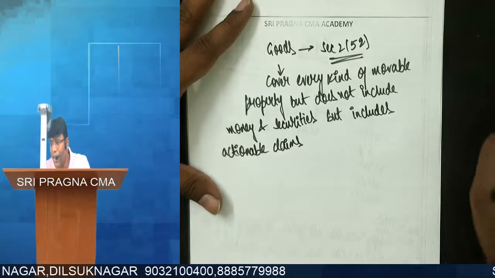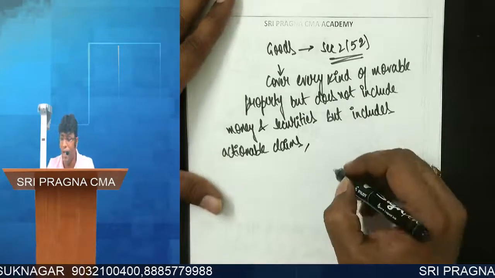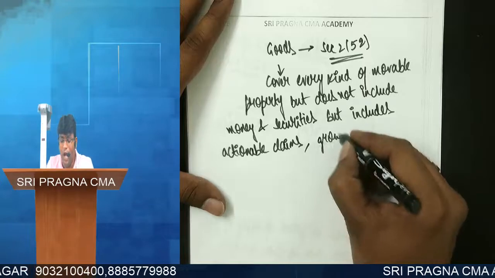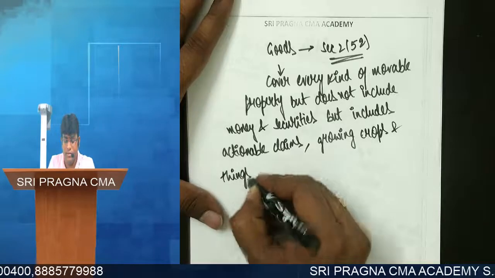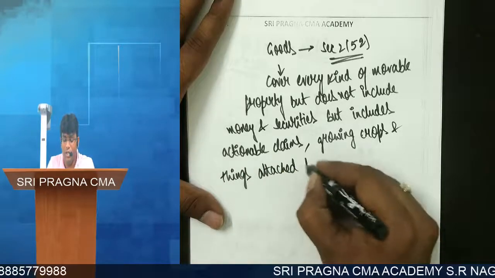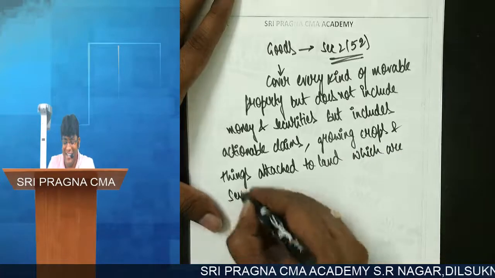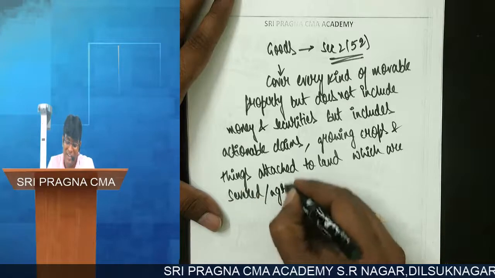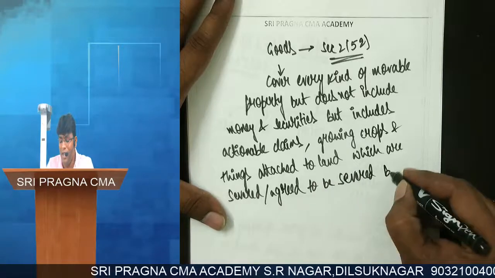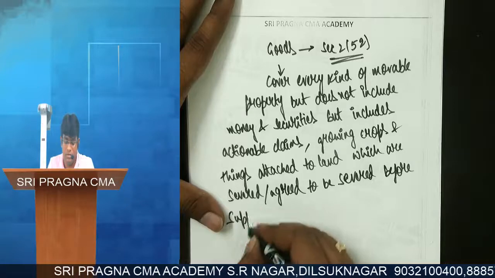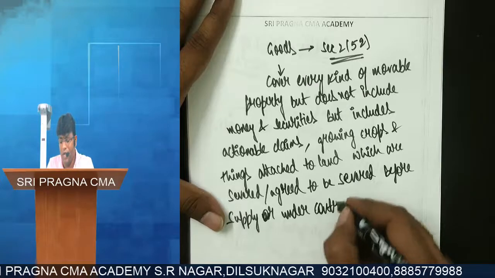Actionable claims are covered in the definition of goods. Now a special word: growing crops and things attached to land, which are severed or agreed to be severed before supply or under a contract of supply.